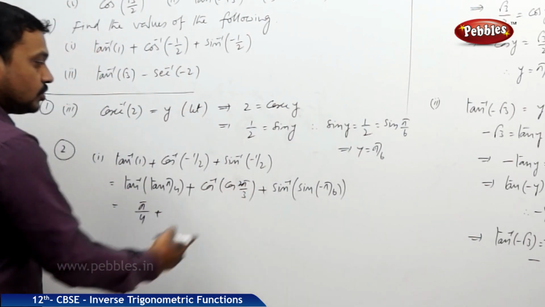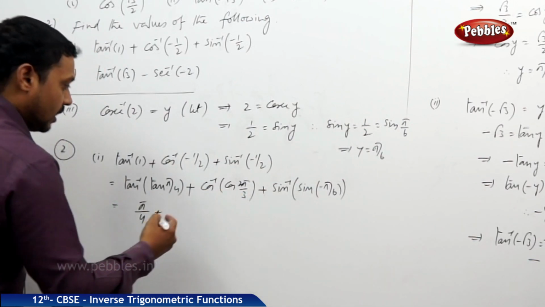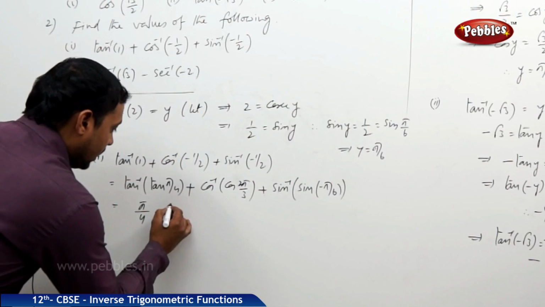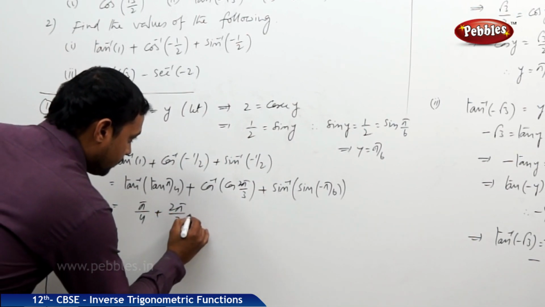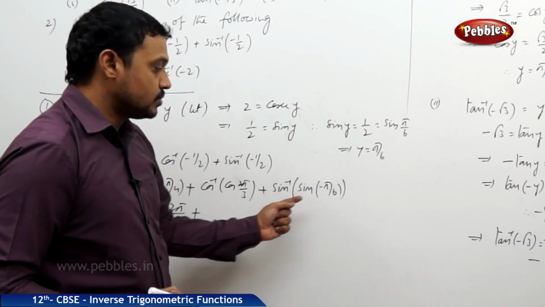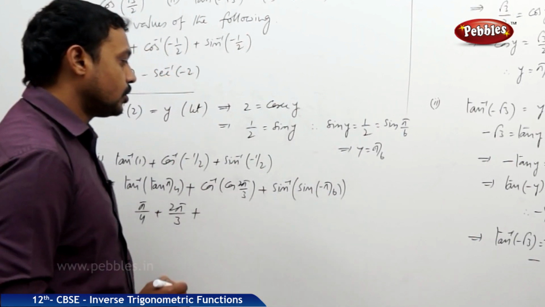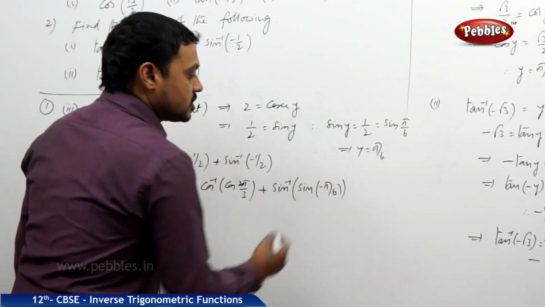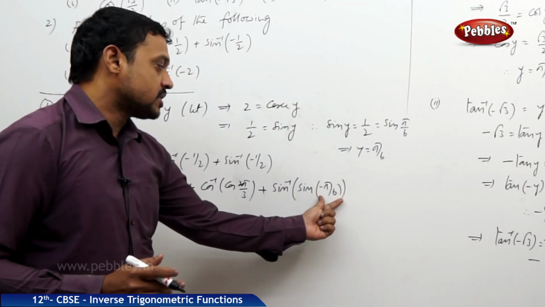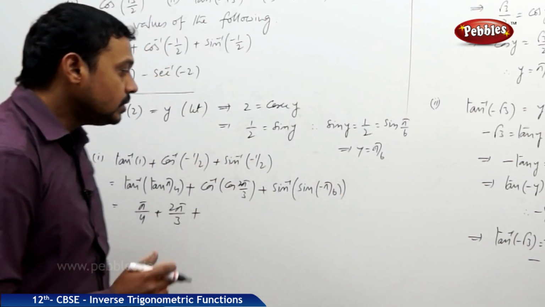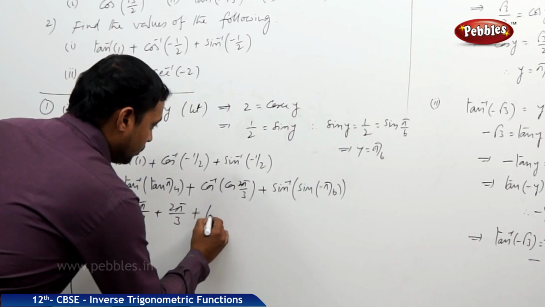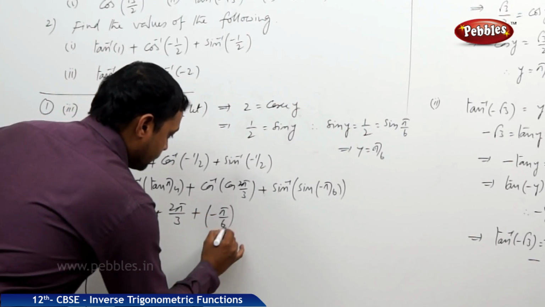Yes, of course, 2 pi by 3 belongs to that interval, so cos inverse of cos 2 pi by 3 is equal to 2 pi by 3. Sin inverse of sin theta is equal to theta when theta belongs to the principal domain minus pi by 2 to plus pi by 2. Of course, minus pi by 6 also belongs to the same interval, hence that value is equal to minus pi by 6.